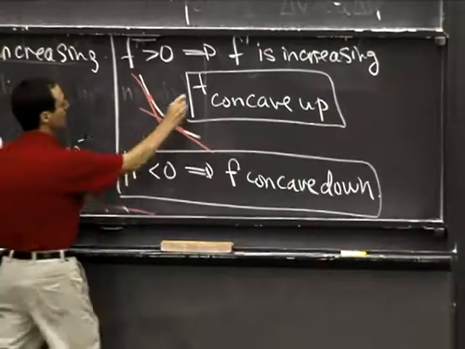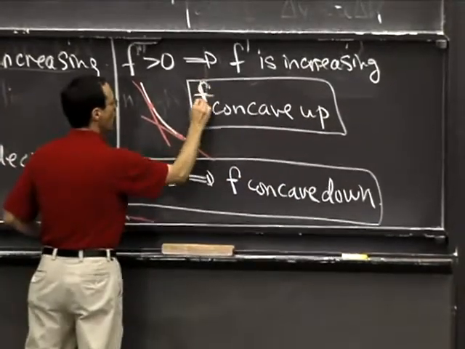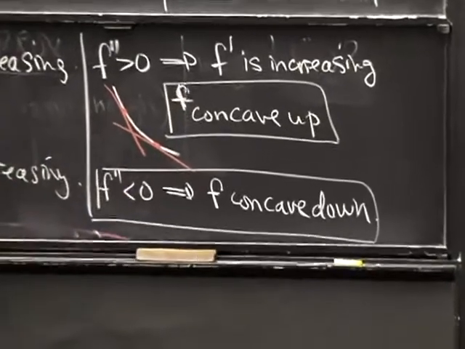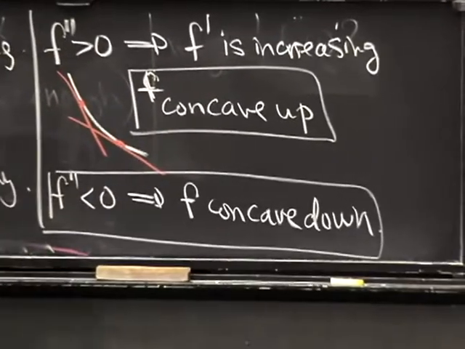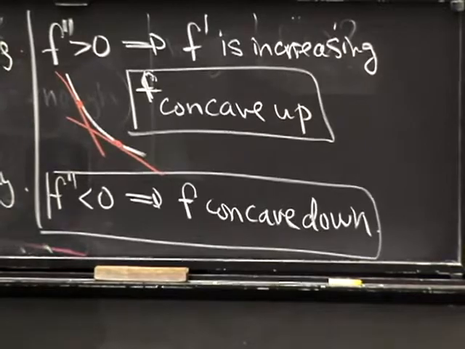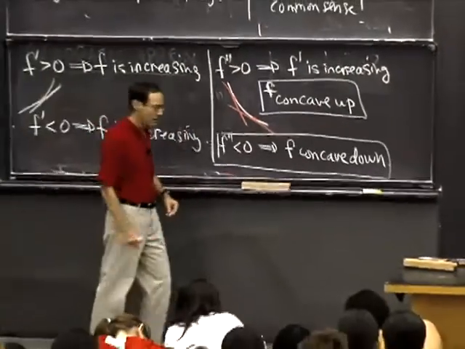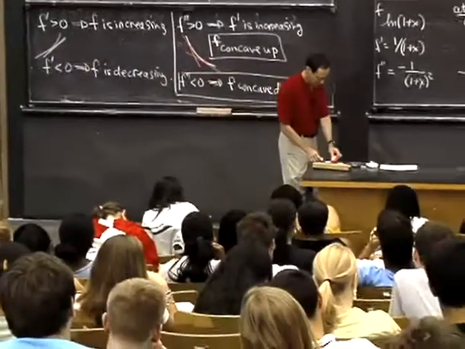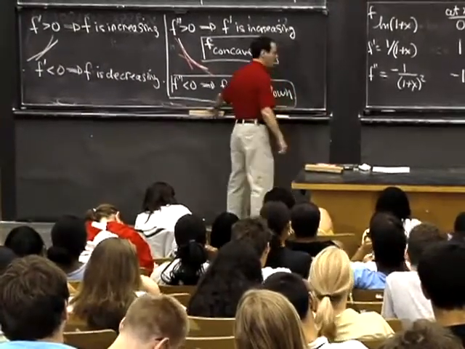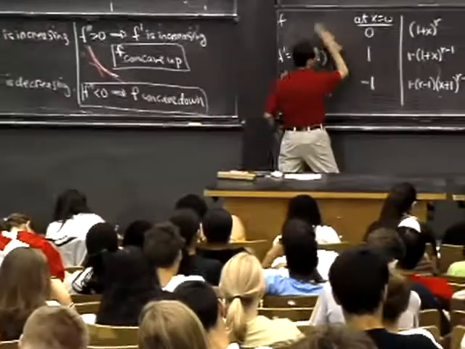All right? So those are the ways in which derivatives will help us qualitatively to draw graphs. But as I said before, we still have to use a little bit of common sense when we draw the graphs. These are just the additional bits of help that we have from calculus in drawing pictures.